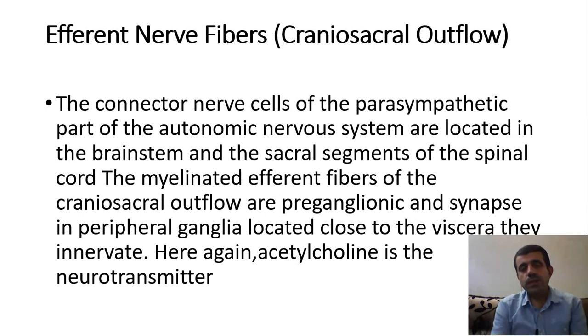The cells of the parasympathetic part of the autonomic nervous system are located in the brainstem and the sacral segments of the spinal cord. Sacral is the lower part of the spinal cord.